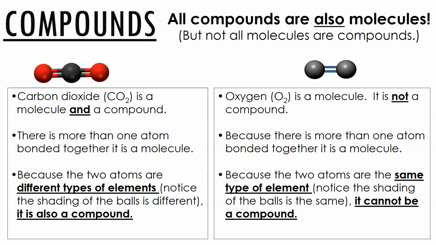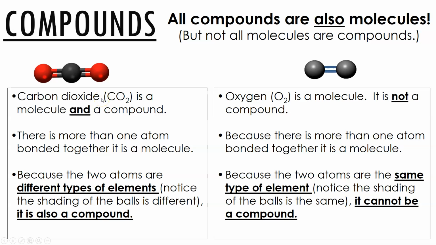So if we look at our carbon dioxide on the left, it is a molecule and a compound. We have more than one atom bonded, so it's a molecule, and we have more than one type of element bonded, so it's also a compound.